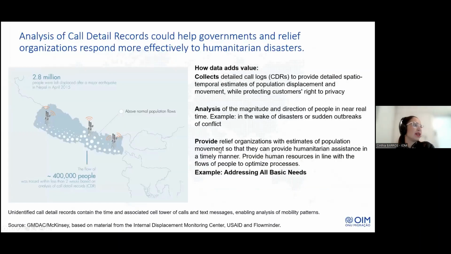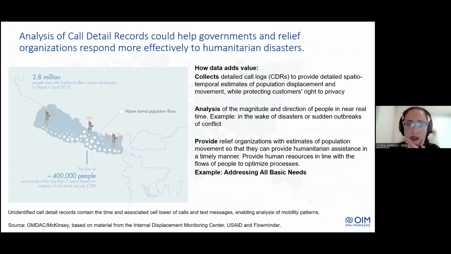But we are here to talk about CDRs, or call detail records. The analysis of call detail records, CDR, could help governments and relief organizations respond more effectively to humanitarian disasters.